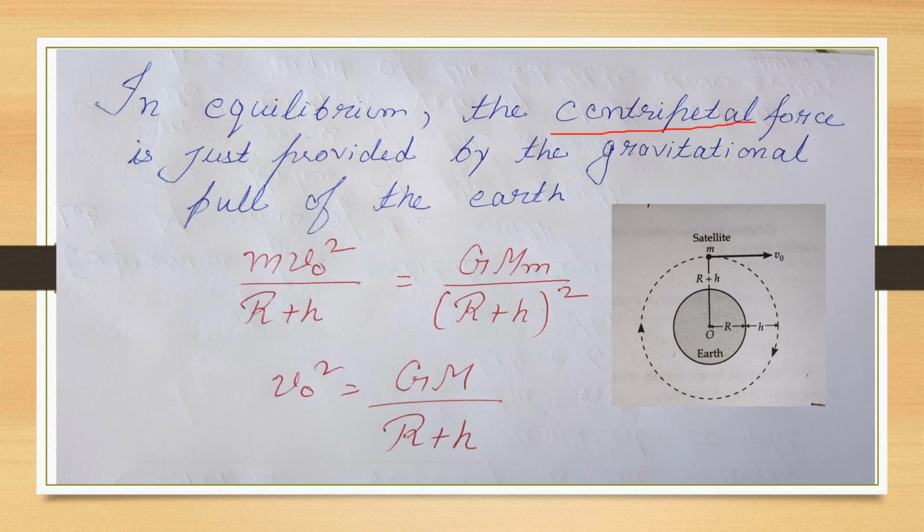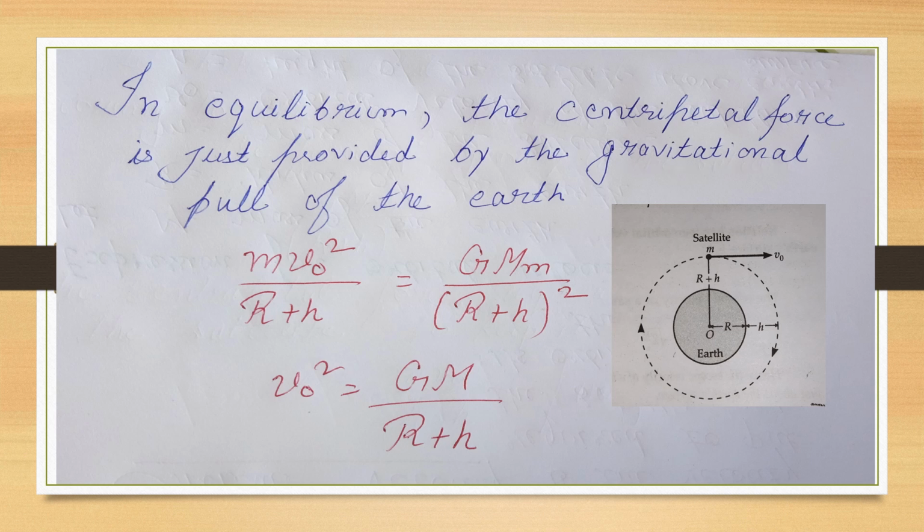But along with the centripetal force, there is also the gravitational pull of the Earth. So in order to make the satellite revolve with the orbital velocity around the Earth, both these forces must be in equilibrium, or we can say that both these forces must be balanced with each other.